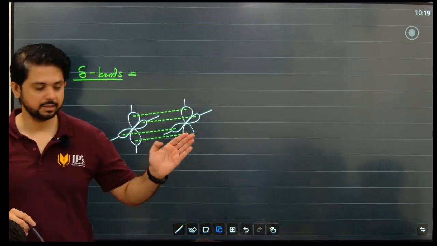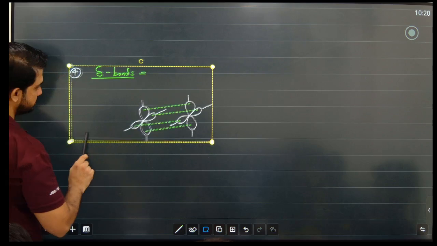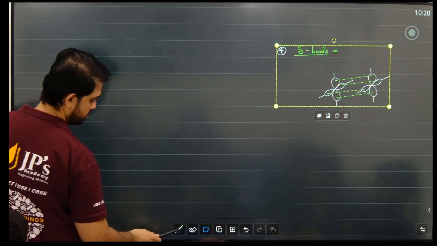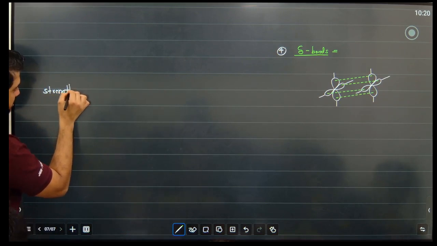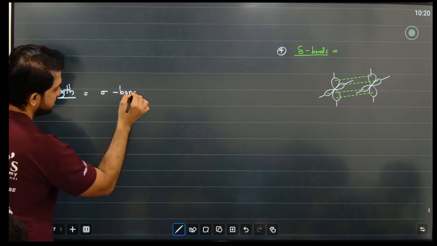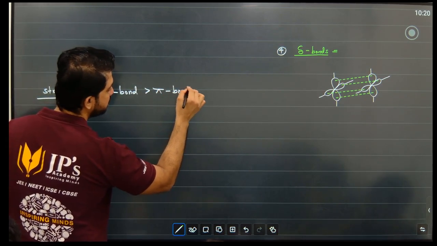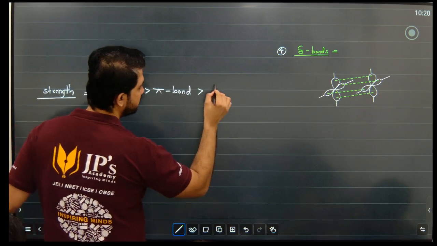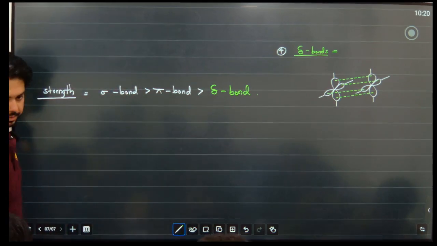So if we compare the strength of all, the first is sigma bond, then we have pi bond, and the next we have delta bond.